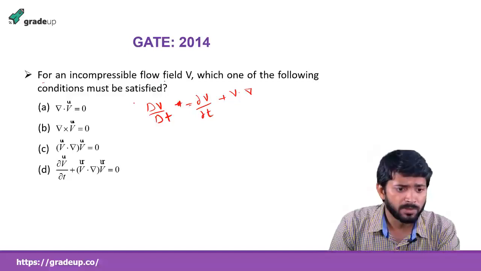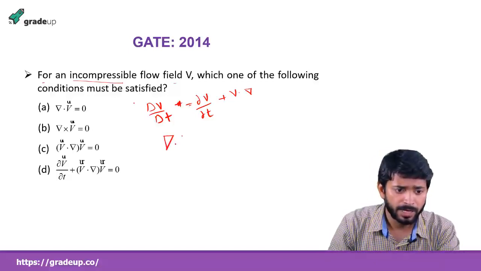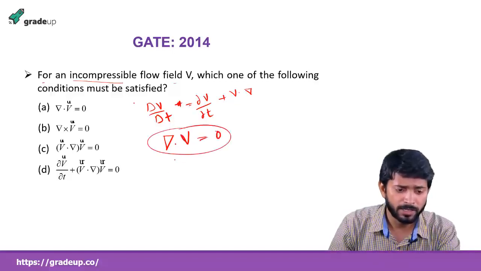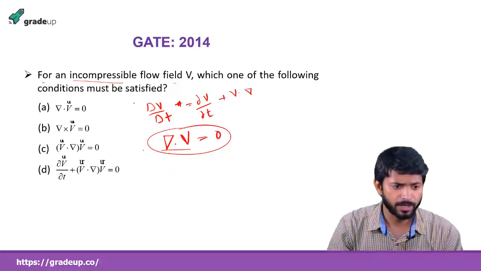Incompressible flow field is defined by del dot V equals zero. It is the equation of continuity, the continuity equation, which we will discuss in the coming slide. So option C is correct.